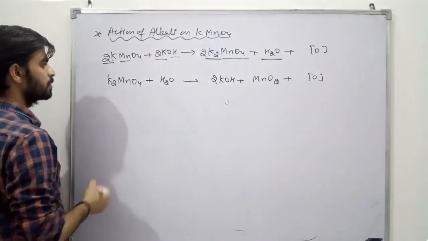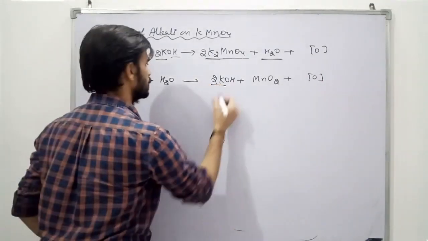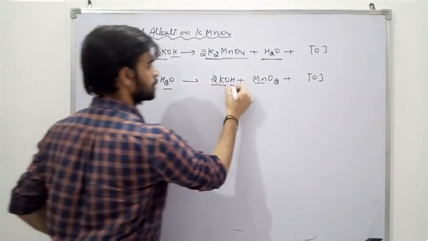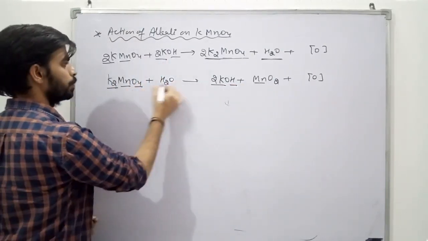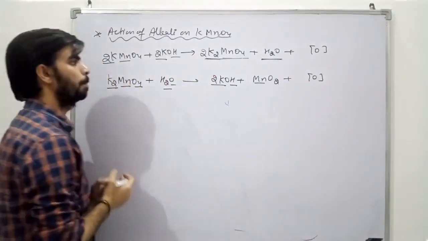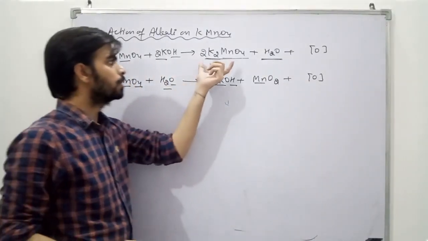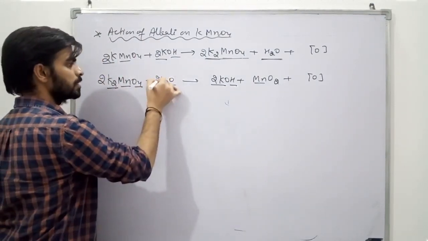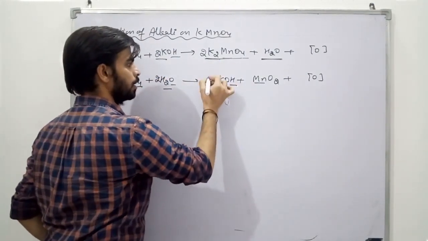Check whether it is a balanced equation or not. Twice of K, 1 manganese, 2 hydrogen, 4 plus 1 5, 2 plus 2 4 plus 1 5. But as we have 2 molecules of KMnO4, we have to multiply this equation by 2.